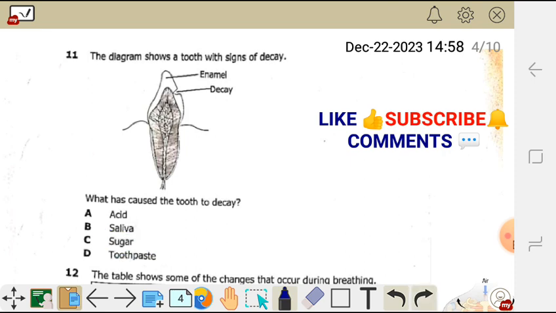So that acid which is produced by the bacteria is going to decay the tooth, causing tooth decay. So the one which is responsible is the acid, but that acid comes from the sugars by the work of the bacteria. So the correct answer for question 11 is A, acid.